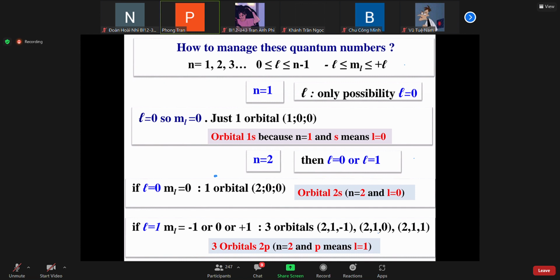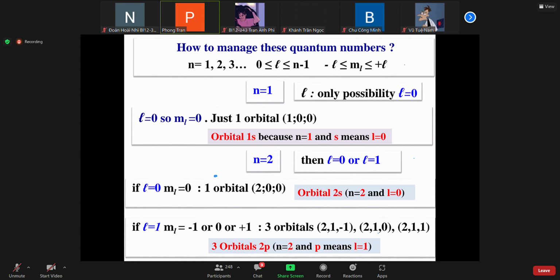You do the same thing for n equal to 2. You have two values, L equal to 0 and 1. For 0, you have one orbital 2, 0, 0, so you have orbital 2s, because n equals 2 and L equals 0, so that's it, an s orbital.